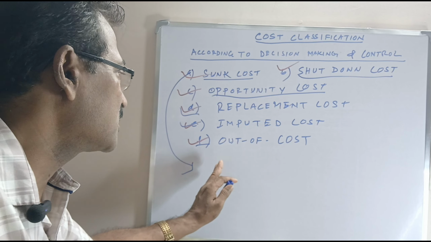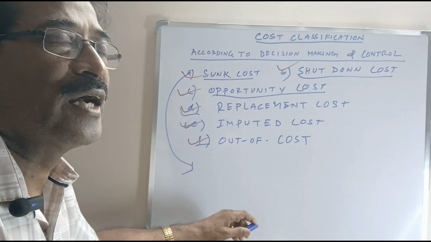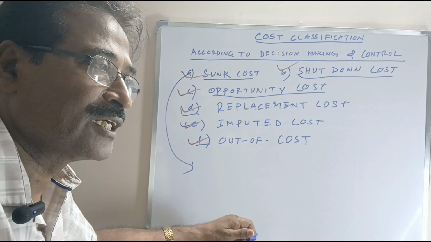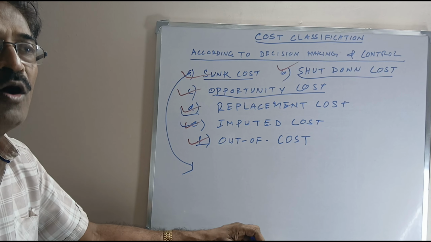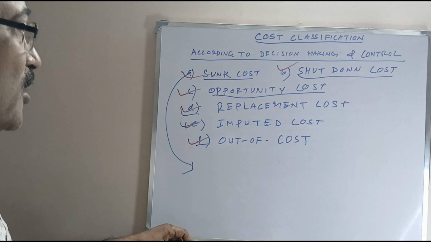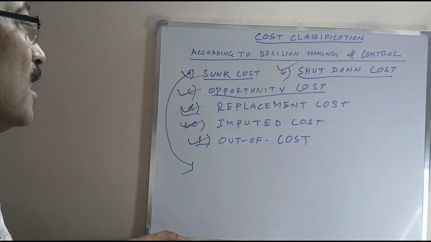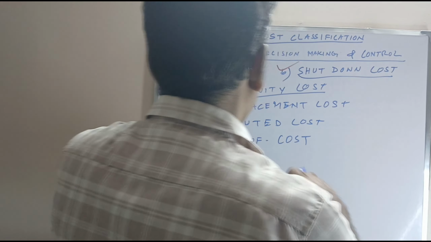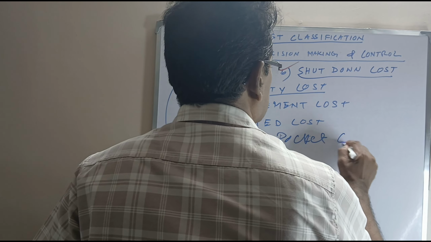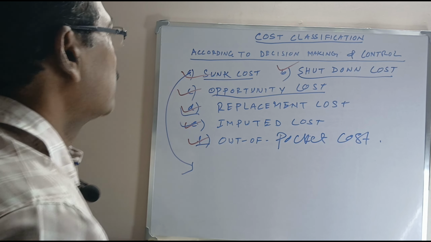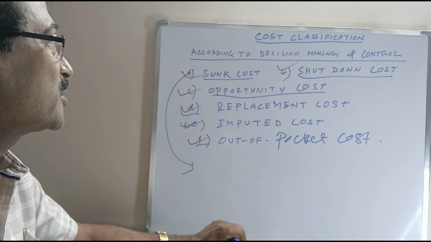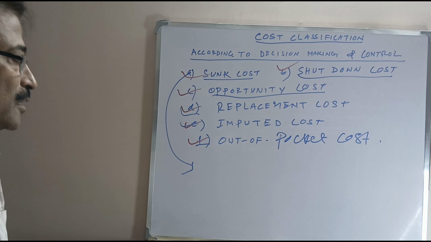But this type of expenditure is considered in case of price fixing under trade recession, or at the time of making decision whether to make or buy certain product, make or buy decision. In case of make or buy decision, the out of pocket cost, this type of cost comes into consideration. So these are the cost classification according to decision making and control purpose.